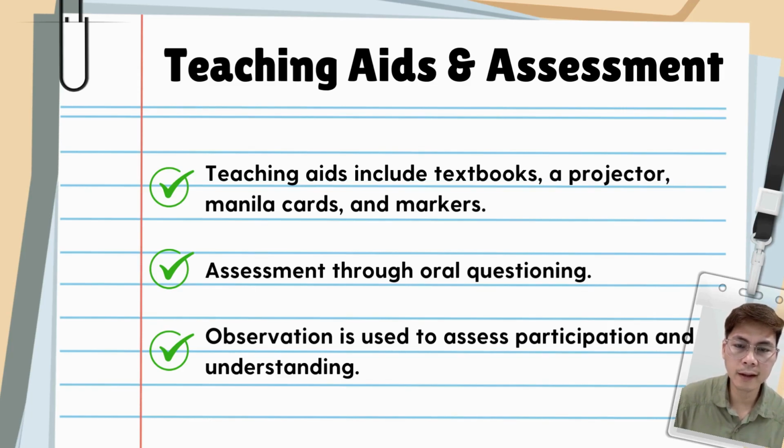Assessment is carried out through oral questioning and classroom observation. The teacher observes student participation, responses, and understanding throughout the lesson. This form of assessment is suitable for Year 2 students because it focuses on learning progress rather than writing tests alone.